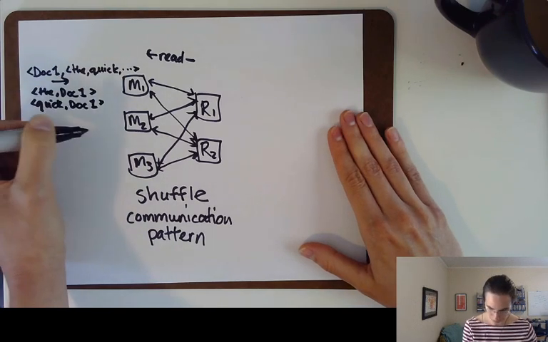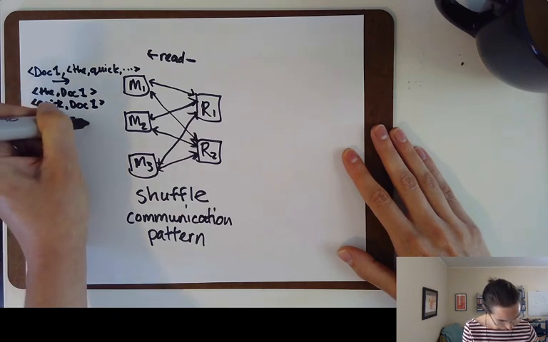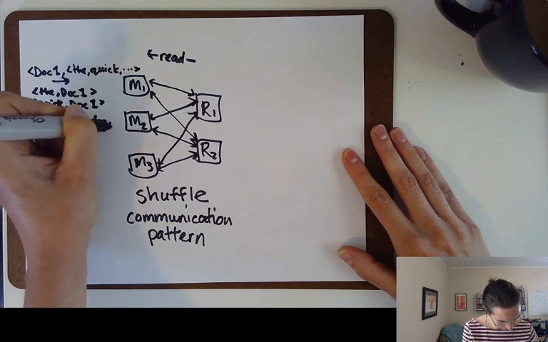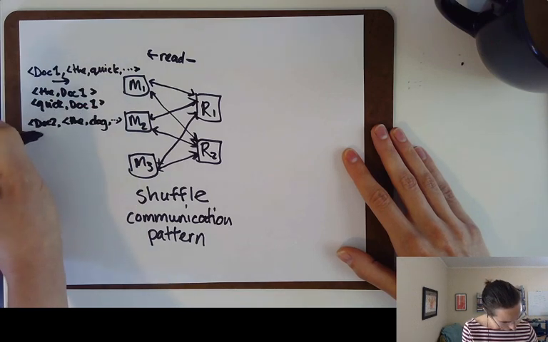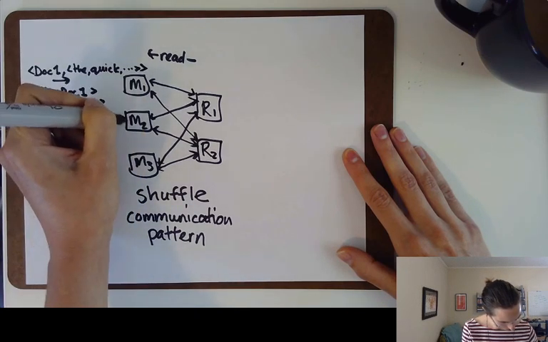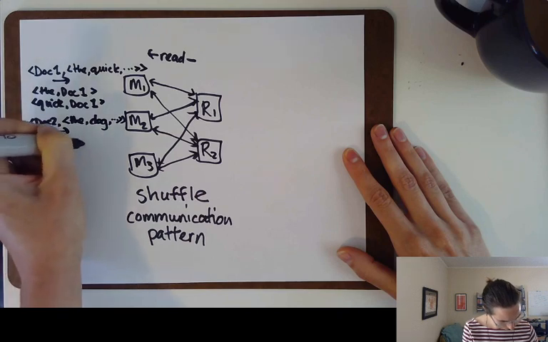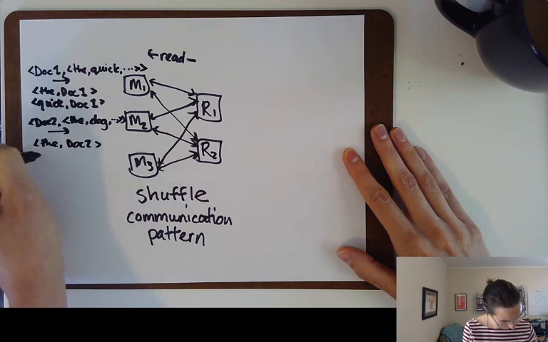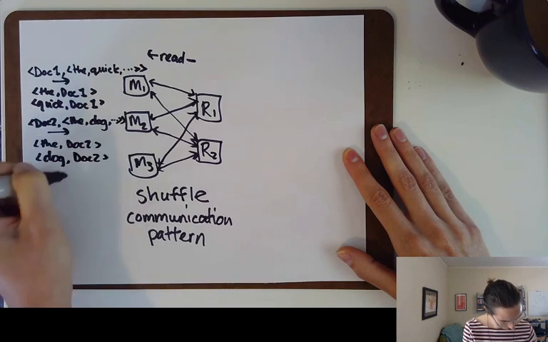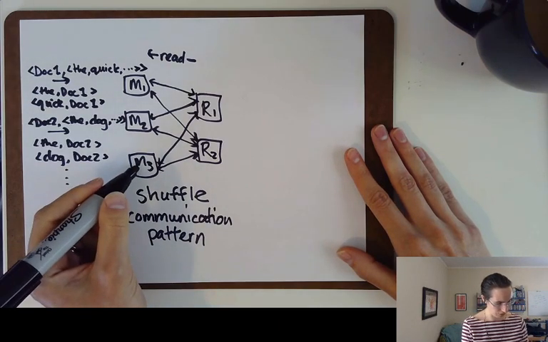And then similarly for M2. And so on. So that's computation that's happening locally on these machines.